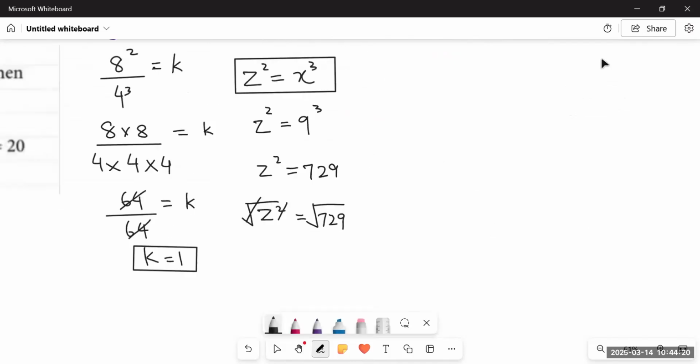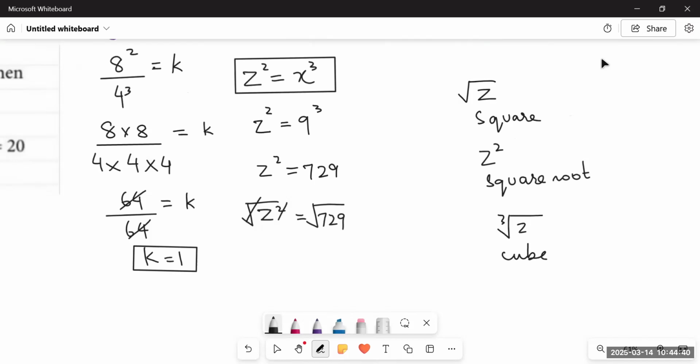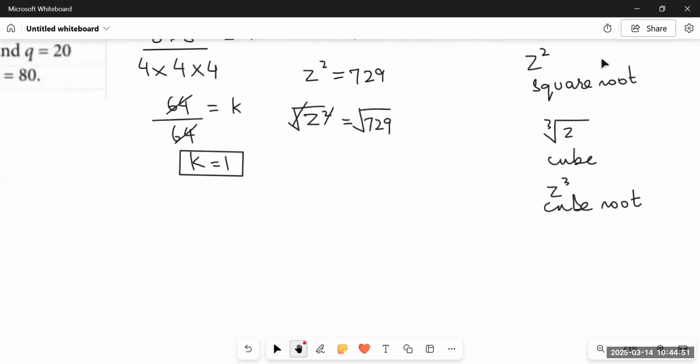When you are provided with the square root of something, like under root Z, then we will square both sides. But if we have Z square, we will take the square root on both sides. This is something that you have to practice. Similarly, if you're provided with a cube root, then you have to cube both sides. And if you are provided with Z cube, then you have to take the cube root on both sides. These are some simple operations that you have to follow.